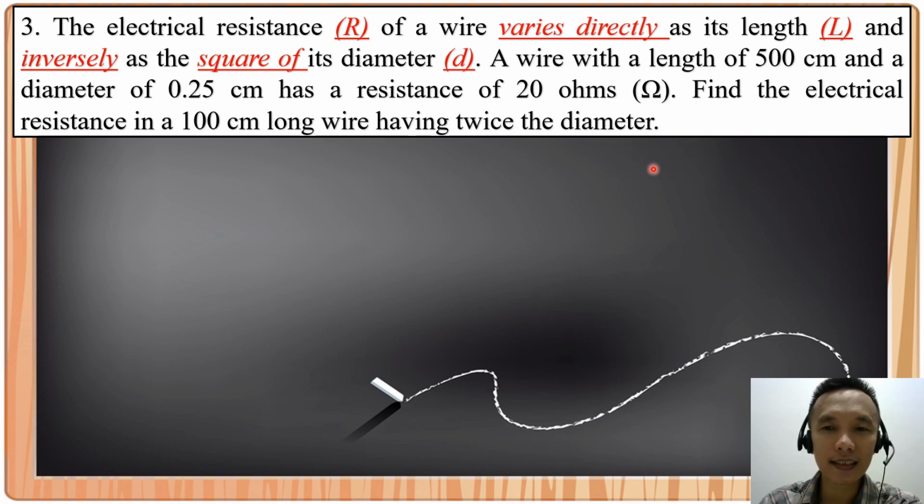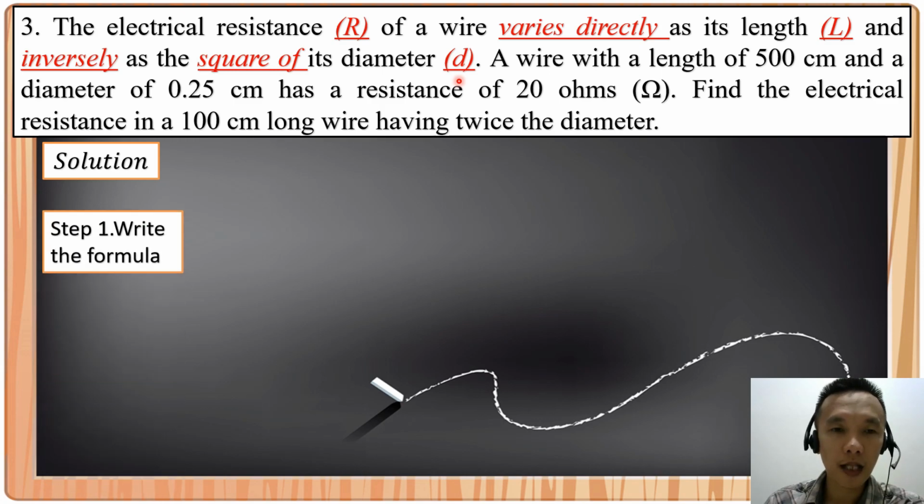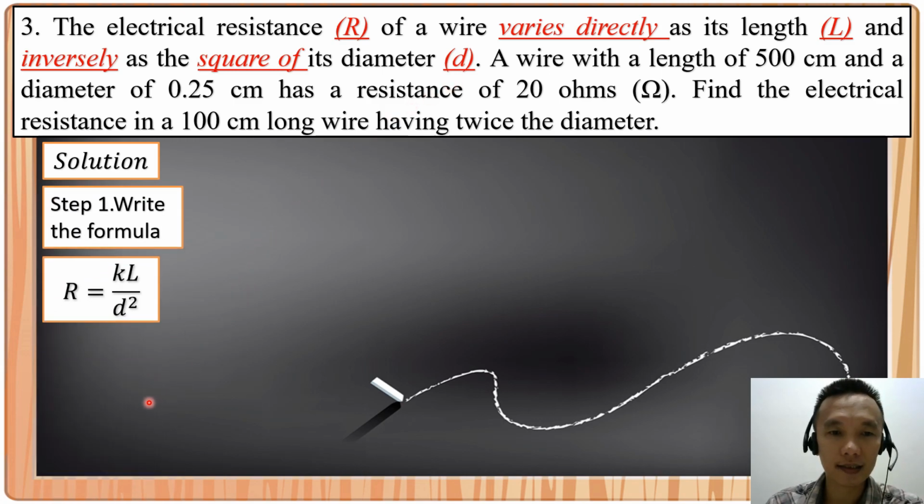Since this is a word problem, we are going to identify first our important words. Our important words here are the letter R, varies directly to L, and inversely as the square of your D. So your formula will look like this: R equal to K times L divided by D squared.